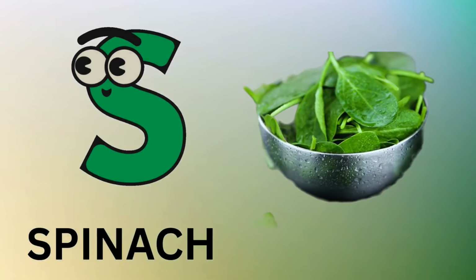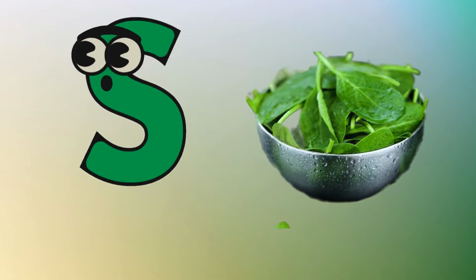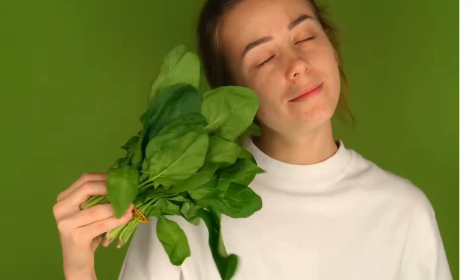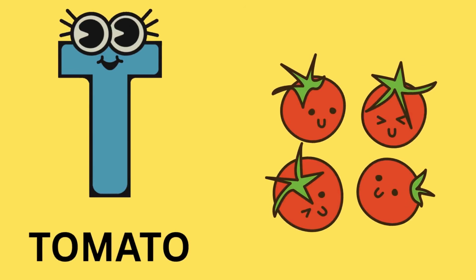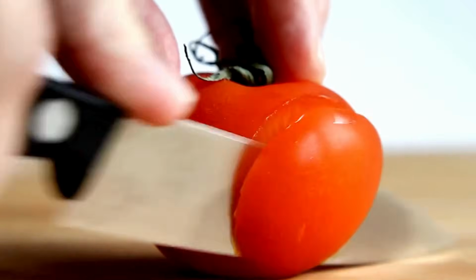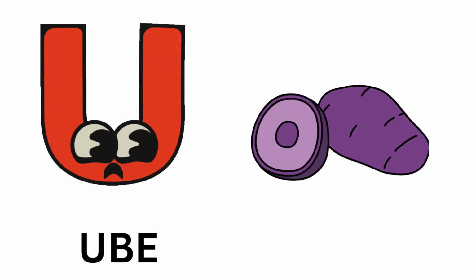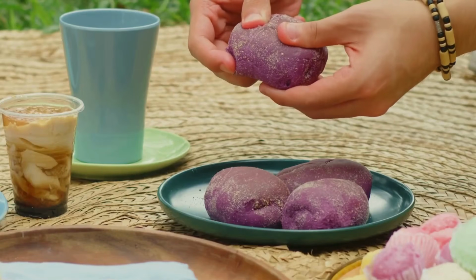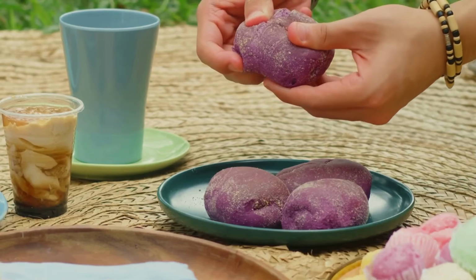S is for spinach. Spinach. S is for spinach. T is for tomato. Tomato. T is for tomato. U is for ube. U is for ube.